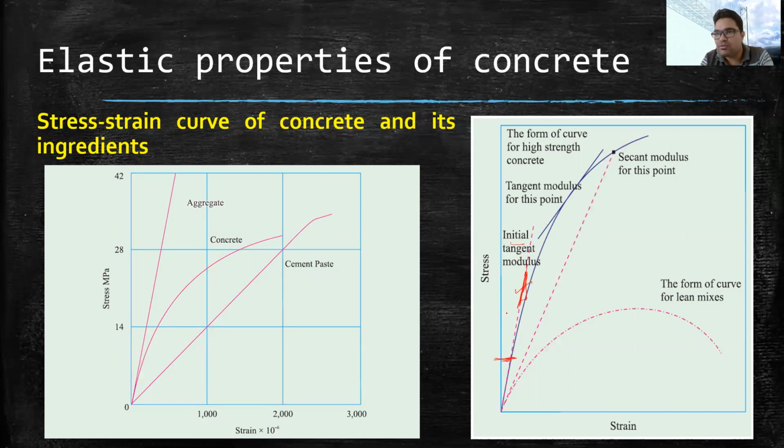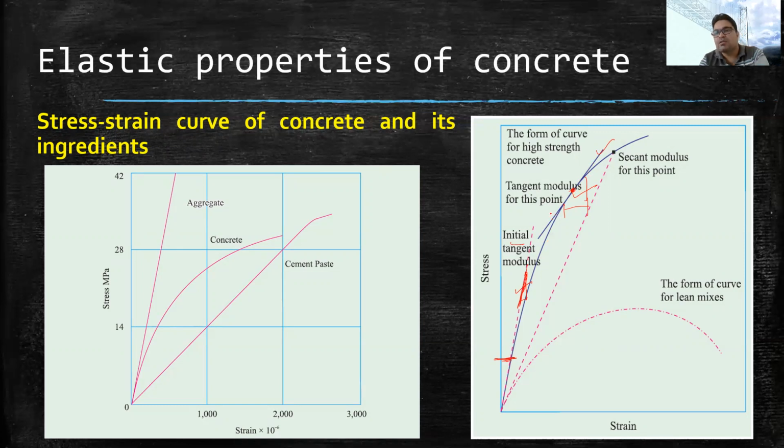If we try to find out Young's modulus of elasticity at any point of the curve, say for example at this point, there is a tangent drawn which is called the tangent modulus for this point. If we find the slope of this line, this will be the modulus of elasticity of concrete at this point, because all the adjacent points on this curve are matching with the tangent of this point.